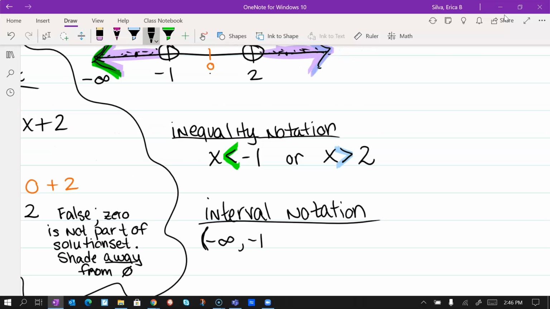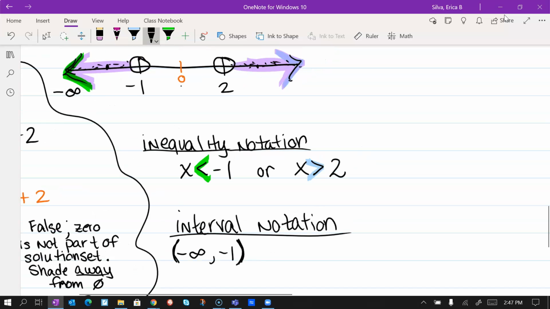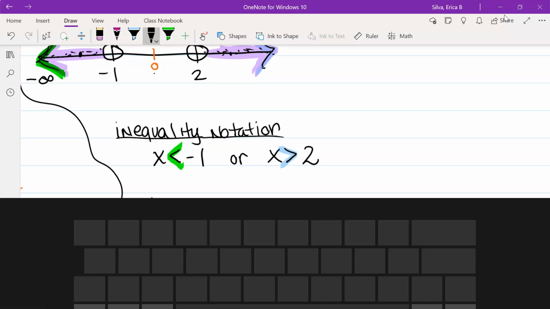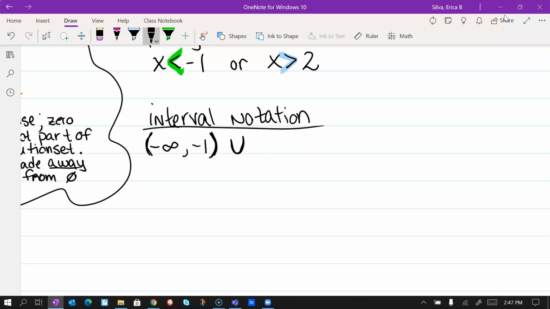Now, -1, because it's an open circle, are we going to use parentheses or bracket? Parentheses, kind of like if you're making a circle. So if it's open circle, you want it's curved. Parentheses are curved. I don't know, that could help. All right, so for the next one, or we use the U to represent or.